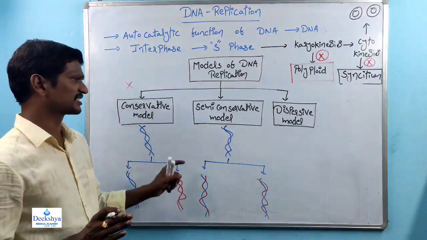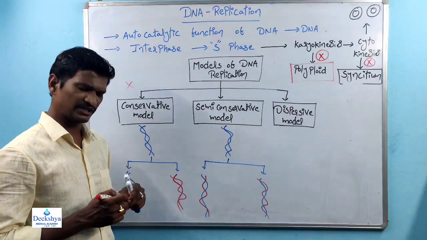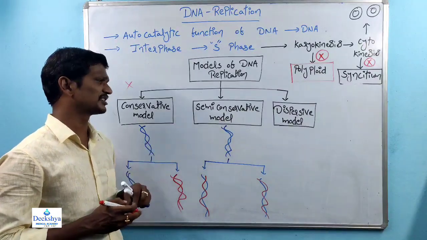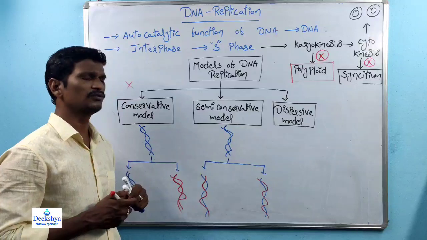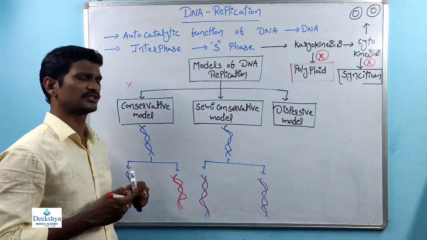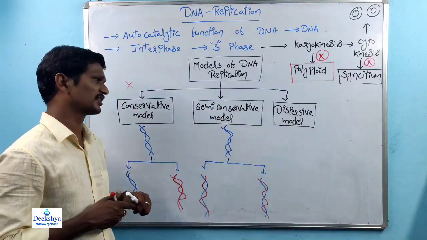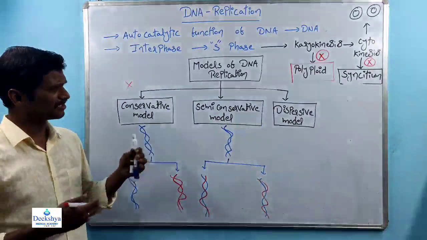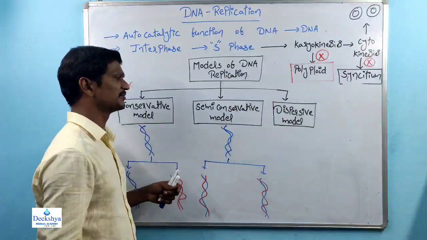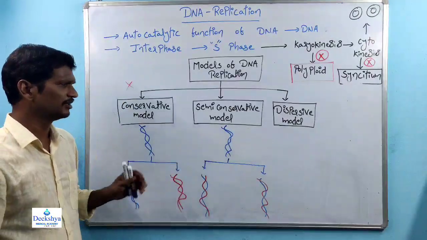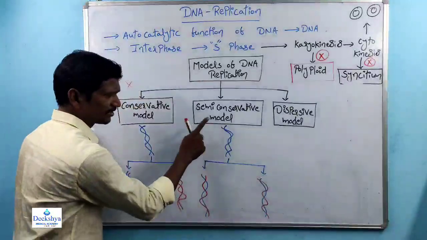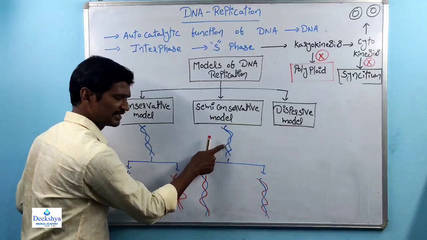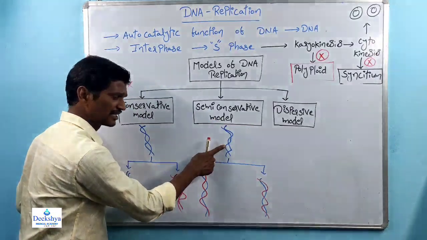Most of the scientists also accepted the semi-conservative model as the best model for the DNA replication explanation. This is also one of the best evidences, but there is one more part added to that semi-conservative model, which I will explain later. Up to this part, according to this model, the parental DNA separated for the DNA replication process.